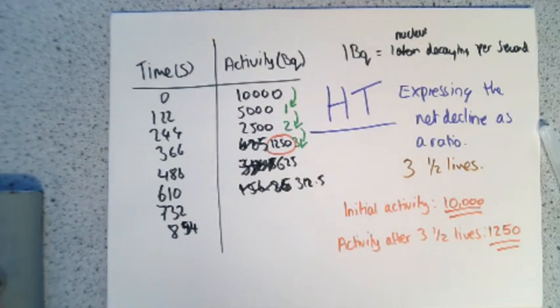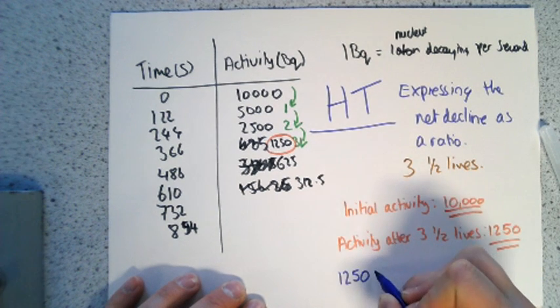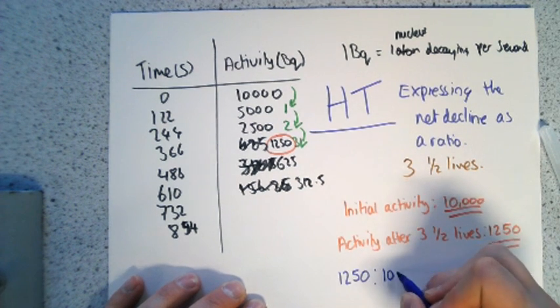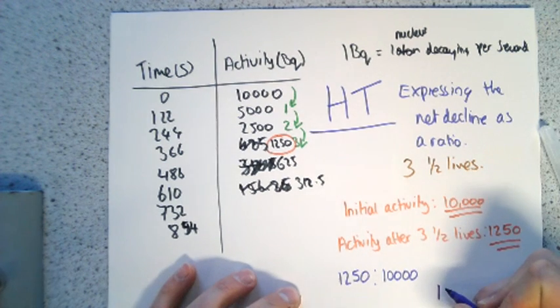To put it as a ratio, all we're going to do is take those numbers. We start with our activity after 3 half-lives. We then put our initial activity, cancel it all down through the power of maths, and you should get, hopefully, 1 to 8.